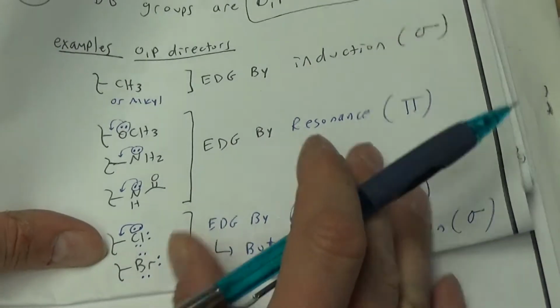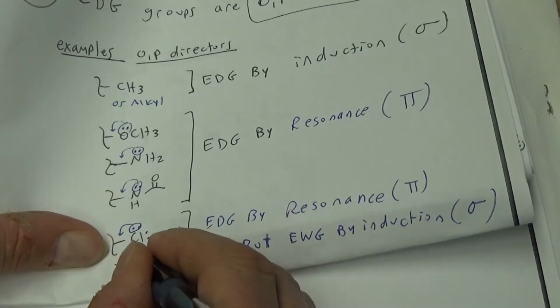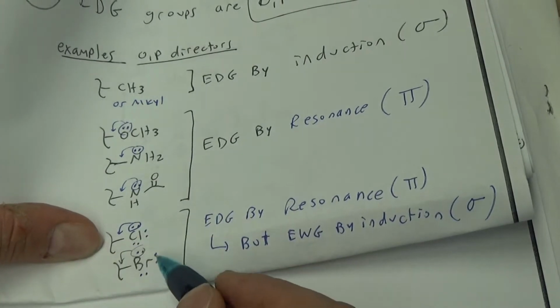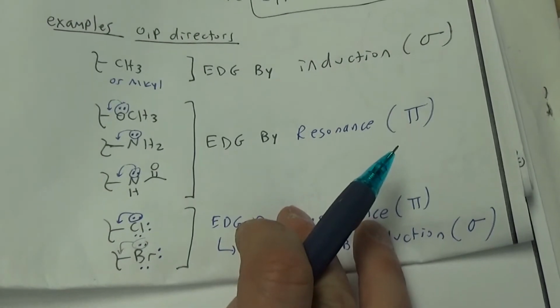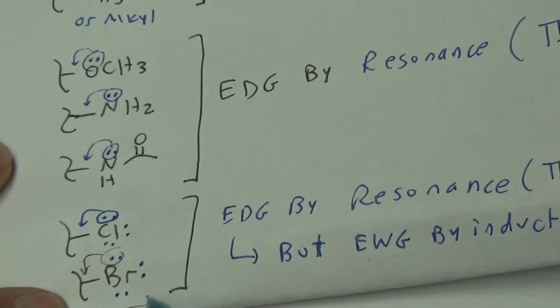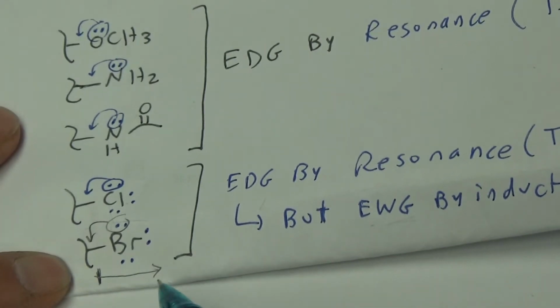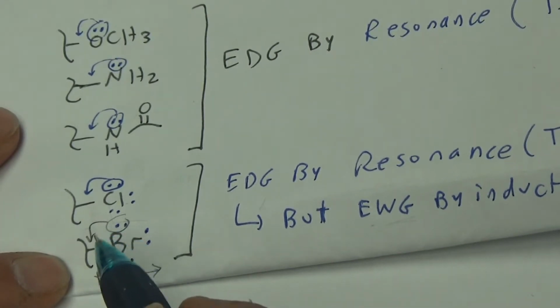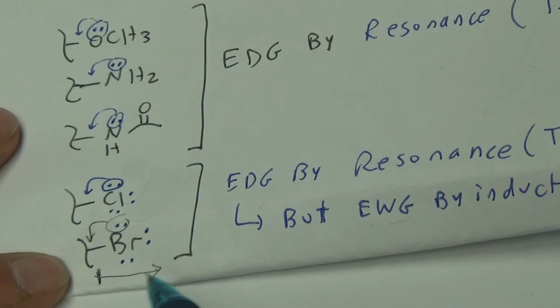So you're donating by resonance while simultaneously withdrawing electron density by induction. You're donating through the pi system and withdrawing by the sigma system.